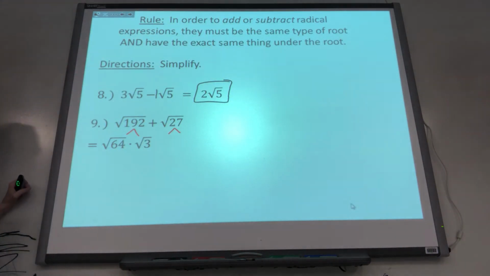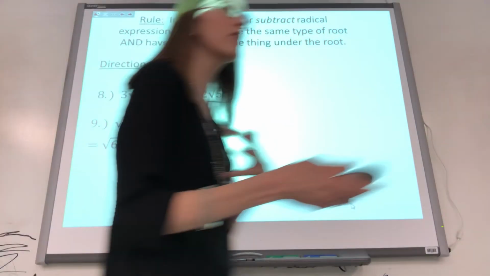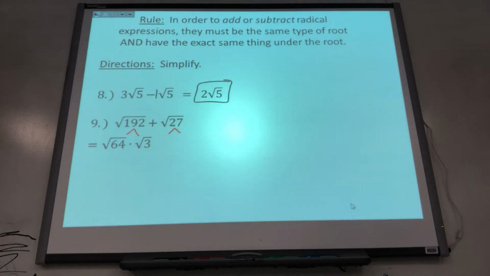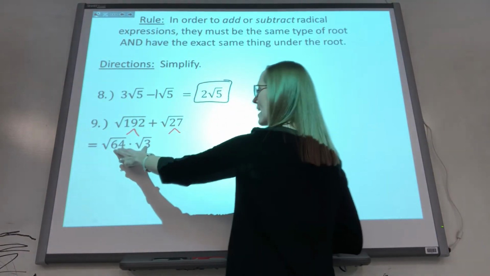You should get back a 3. If you're not sure how to get that, just take your calculator and start trying out numbers. 192 divided by 81. No, 192 divided by 64. You should get it pretty quickly, but that will work out nice.